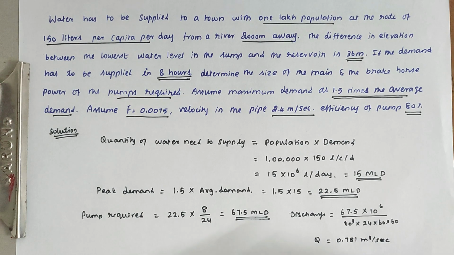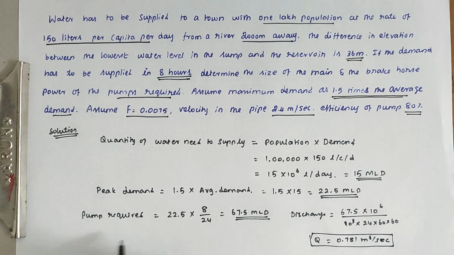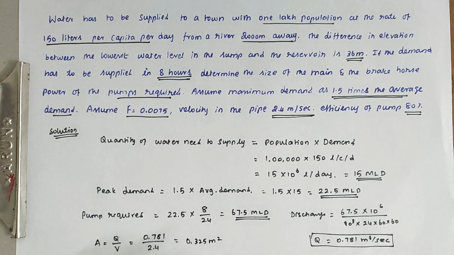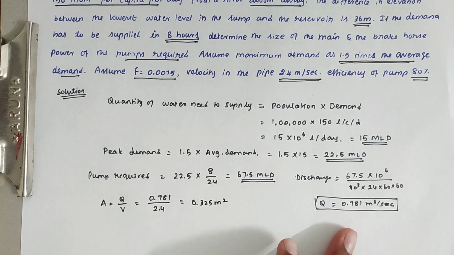This is the discharge. Now we find the area: area equal to Q by V. Q is 0.781 divided by the velocity 2.4 meters per second, so we get 0.325 meter square.